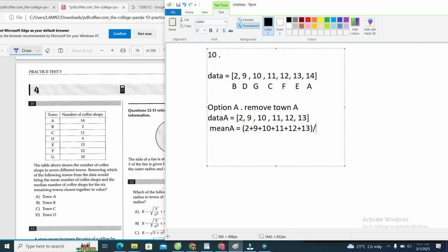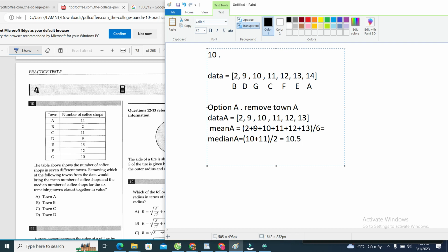And we know the median of A is going to be 10 plus 11 over 2, so it's 10.5.